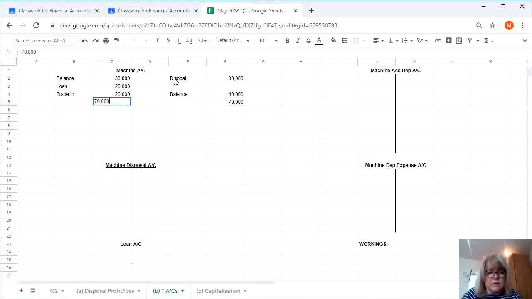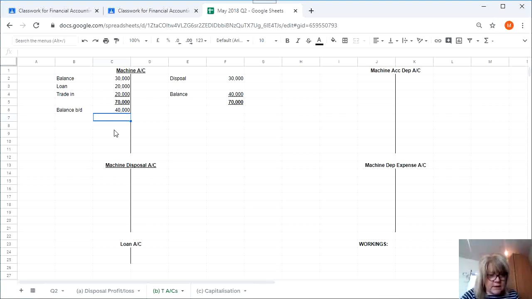I can actually complete that account, so the 40,000 is the new balance brought down. The account is balanced, and that's the cost account.